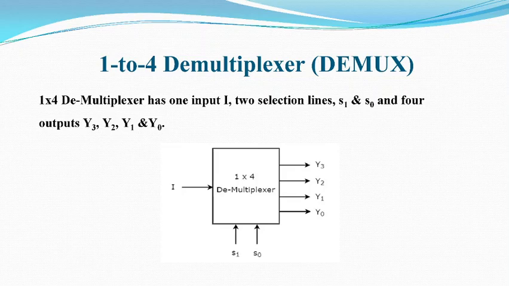The relationship between the number of outputs and the number of selection lines can be calculated using the formula 2 to the power of m equals n, where m is the number of selection lines and n is the number of outputs. In this 1 to 4 demultiplexer, n is 4 and m is 2.